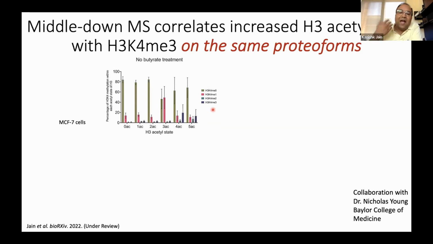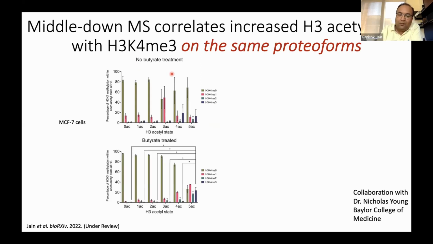We don't normally have H3K4 trimethylation on all the time, ubiquitously. So this is one of the technical reasons why we also treated with butyrate, because that not only boosted the levels of acetylation in the cell, but we are now able to see in a more clean fashion the relationship between high-ordered acetylation and high-ordered K4 methylation.